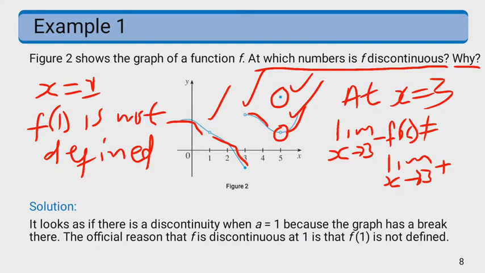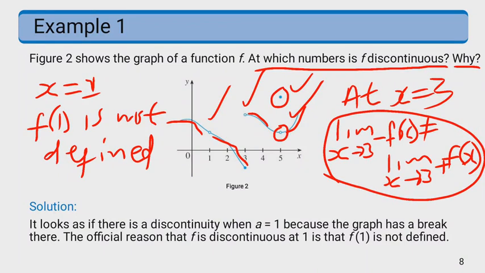So since the limit does not exist, we can conclude that the value of the function at this point will not be the same as the limit. So our function is discontinuous at x equal to 3.